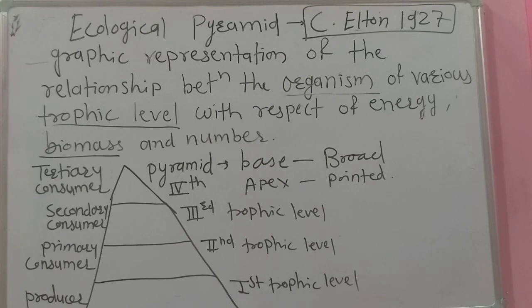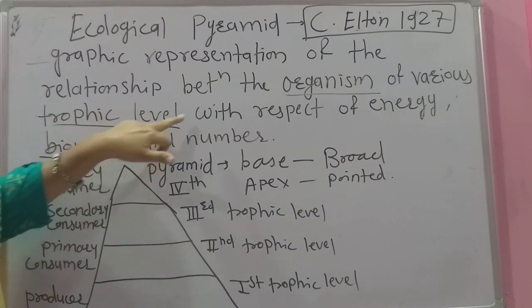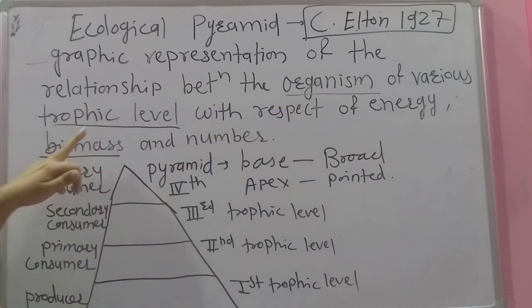Graphic representation of the relationship between the organisms of various trophic levels with respect to energy, biomass and number. This is the definition of the pyramid.